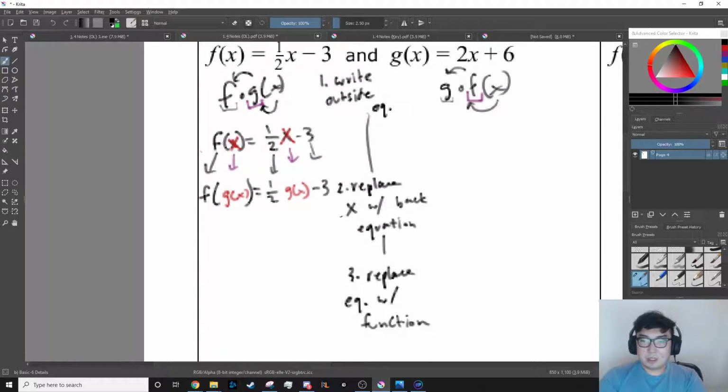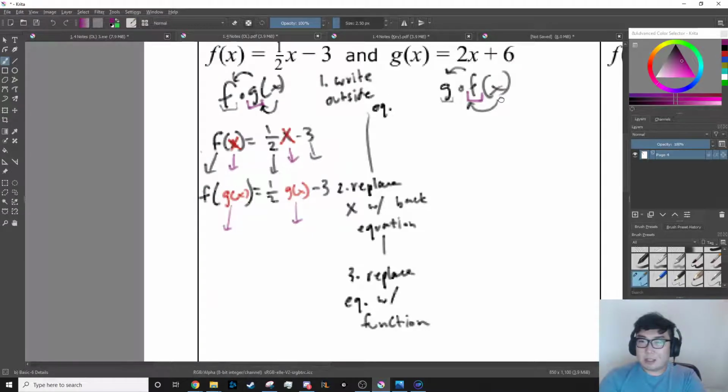Okay. So let's say, for example, I want to do this step. How do I apply that step? It's gonna look something like this. I don't have to do it on the left side because eventually this will be my final answer, f of g of x.